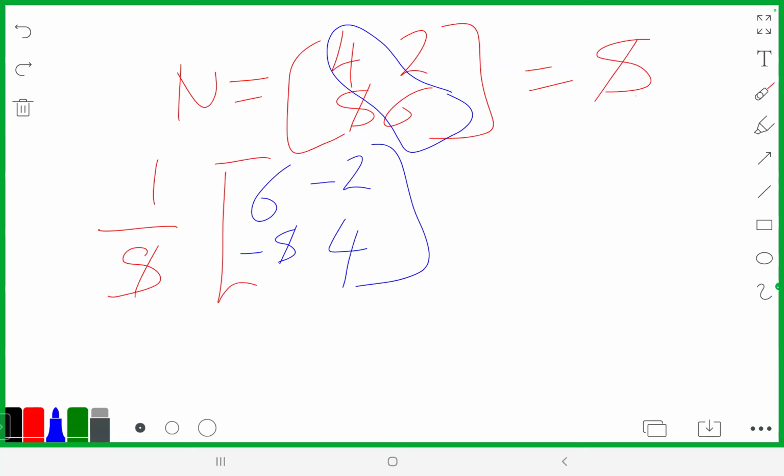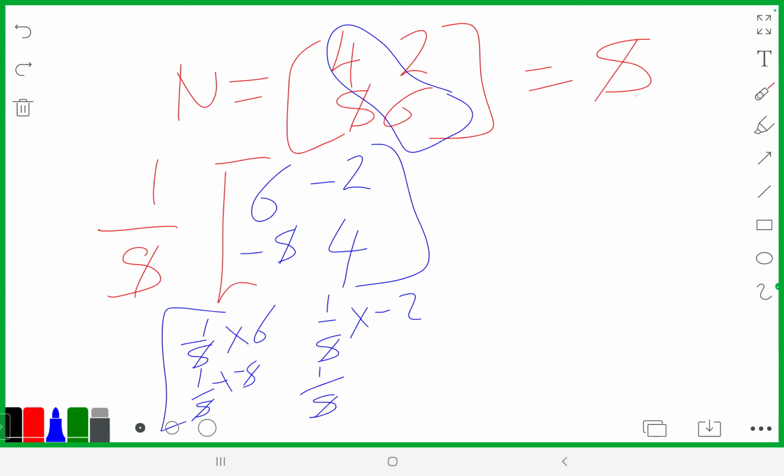What does it mean to multiply a matrix by a scalar? Simply means you say 1 over 8 times 6, -1, 1 over 8 again times -2 and -8, and 1 over 8 times 4, like that.